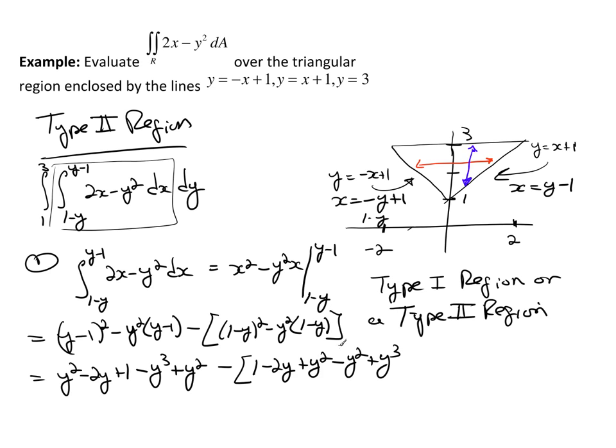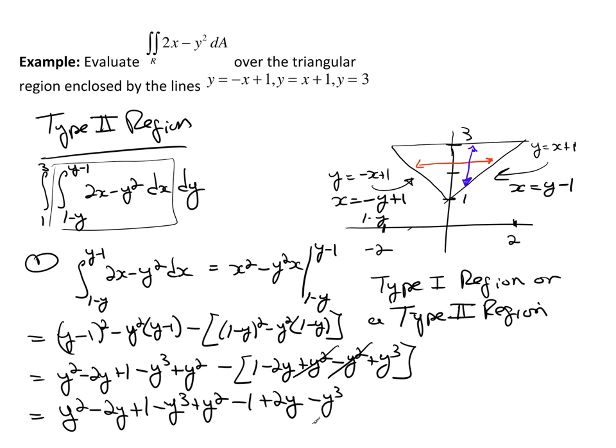Well, obviously, I'll get rid of those right away. And I'm just going to write the whole thing out again. Y squared minus 2y plus 1 minus y cubed plus y squared. Now move this negative in. Negative 1 plus 2y minus y cubed.